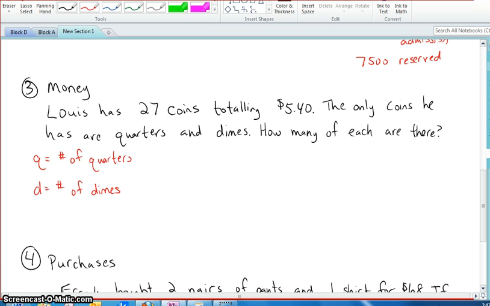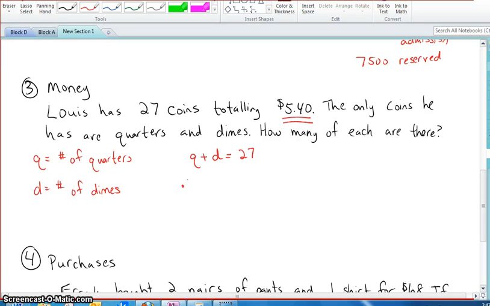I know that the number of quarters plus the number of dimes equals a certain amount. Does it equal 27 coins, or does it equal $5.40 if I add the number of quarters and the number of dimes? Good, you should know it's 27. And if I know that his total was $5.40, I need to know, how much are the quarters worth?